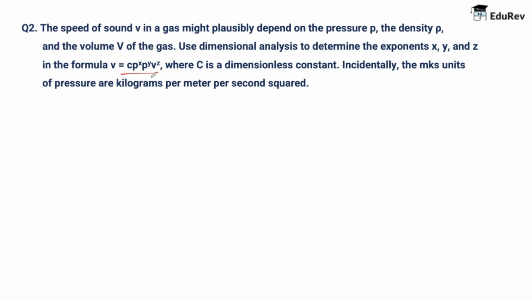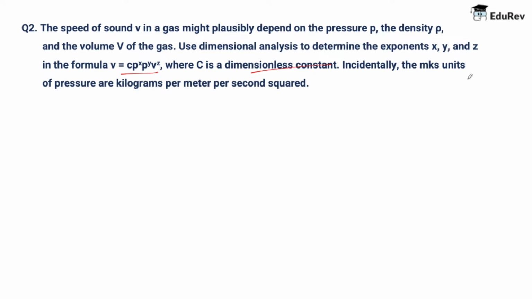In the previous question, we derived the formula, but in this question, the formula is already given. We just need to find out the exponent values of P, rho, and the volume. Now, C is your dimensionless constant, so we do not have to worry about C. Now, incidentally, the MKS units of the pressure are kilograms per meter per second squared.